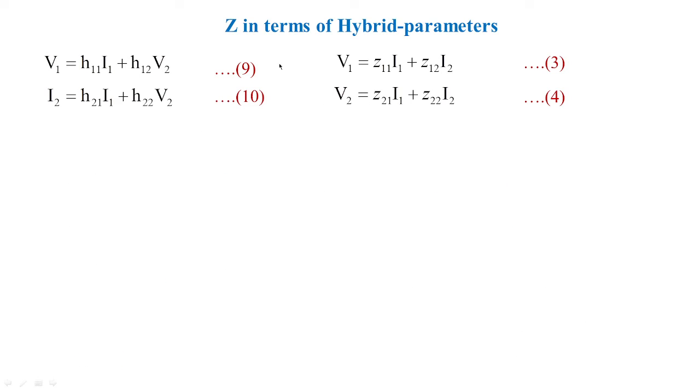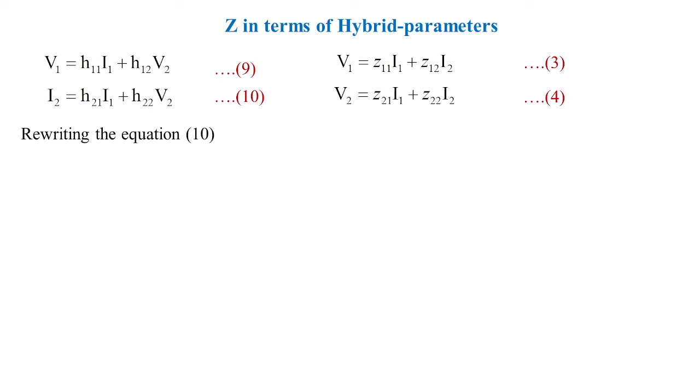Now let us go with the next approach, that is the impedance parameters in terms of hybrid parameters. So I already have the impedance parameters as equations 3 and 4, and the hybrid parameters I'm framing as equations 9 and 10, and I'm going to use the same technique as done with the ABCD parameters.